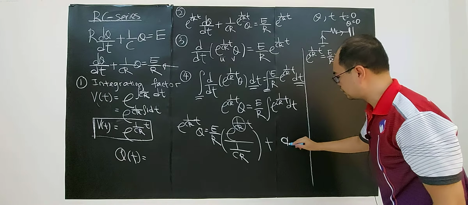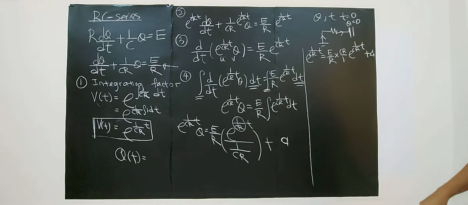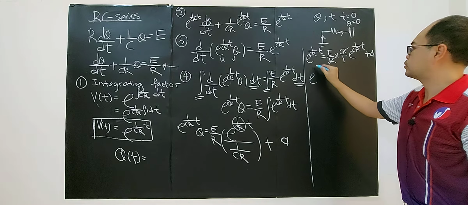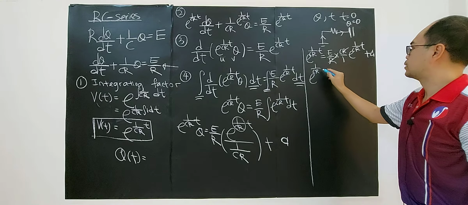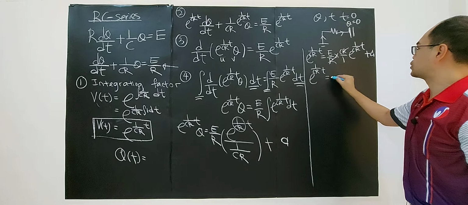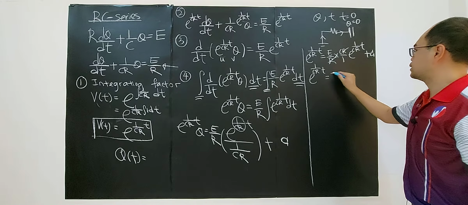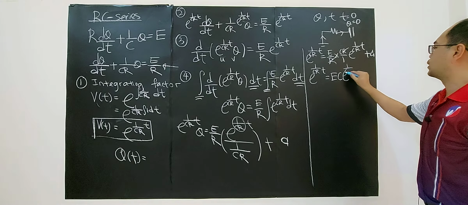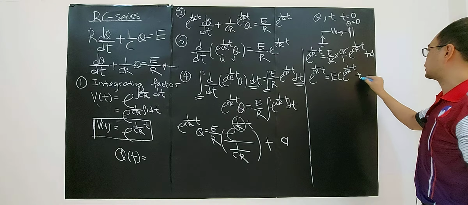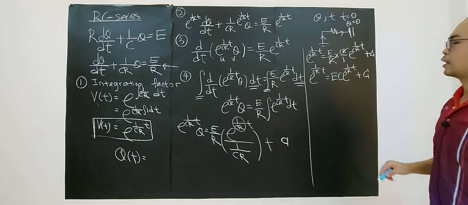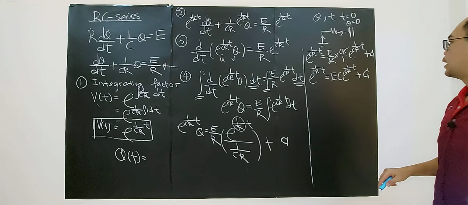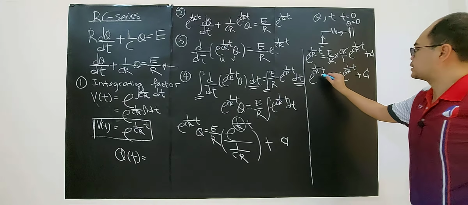This is a constant after the integration. As the R here can cancel off, you will have Q over CR equals EC e^(t/CR) plus the constant, right? It's the constant. Sorry, there is a Q here, right? There is a Q here.